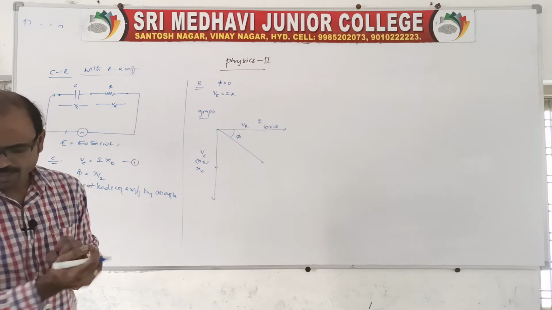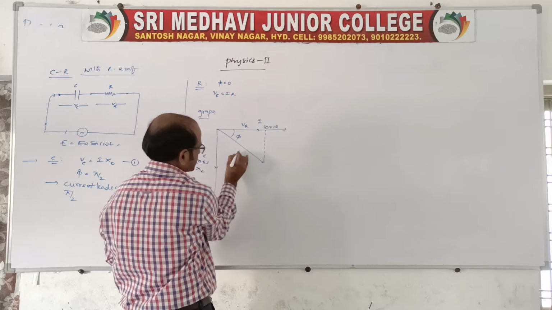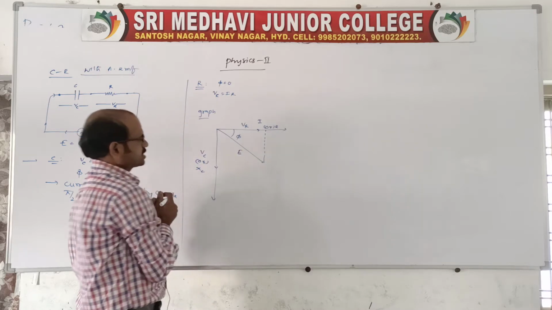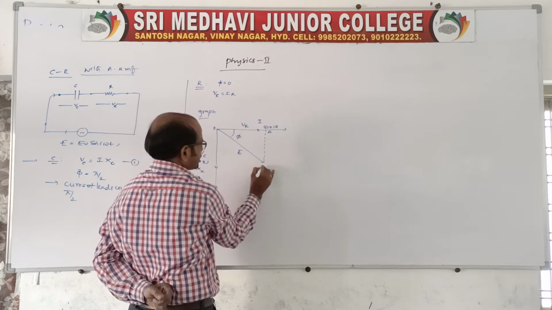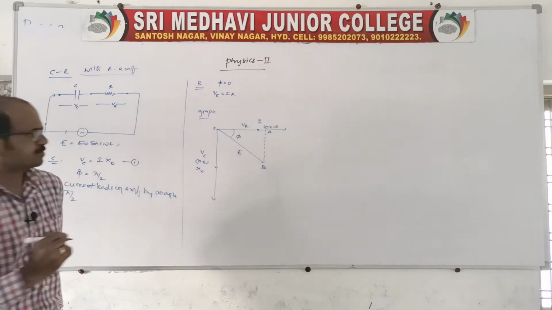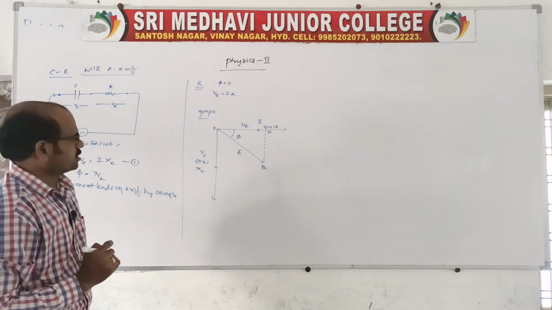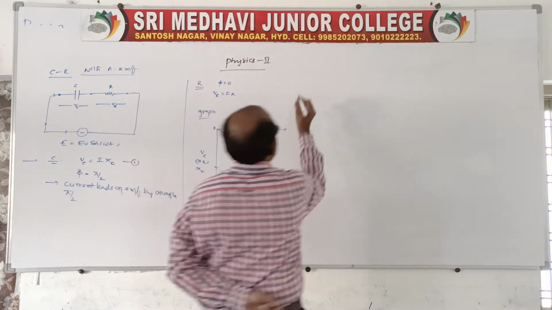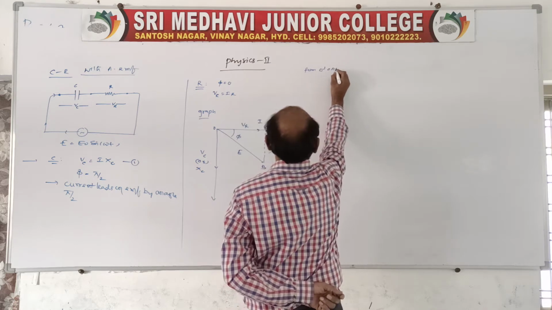Draw one line for the resultant EMF. Here OAB is the triangle given for the current, resistor and capacitive circuit.